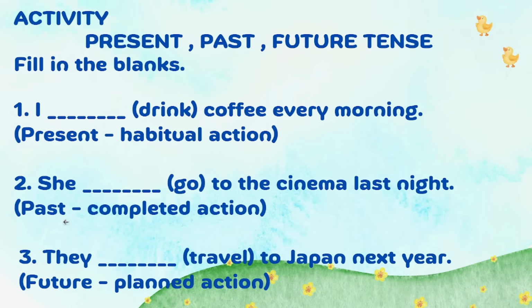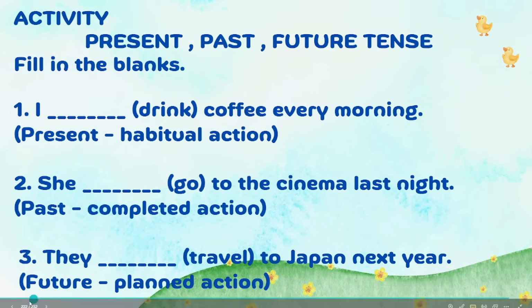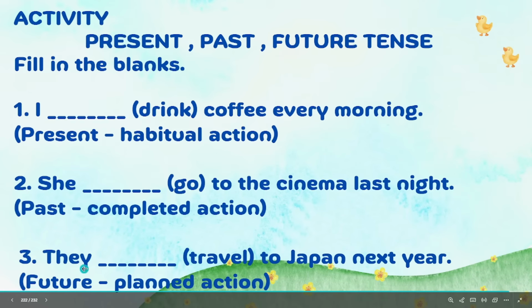Okay? So, it happened already because of this word last night. Okay, so what is the correct answer? For the word go, okay, so she went to the cinema last night. Okay, now for they, since it is in future tense, okay, they, what?